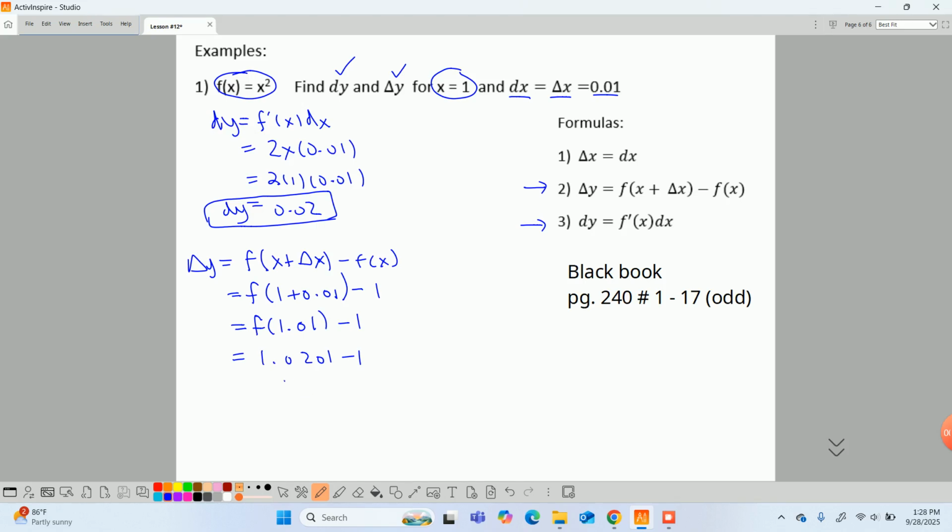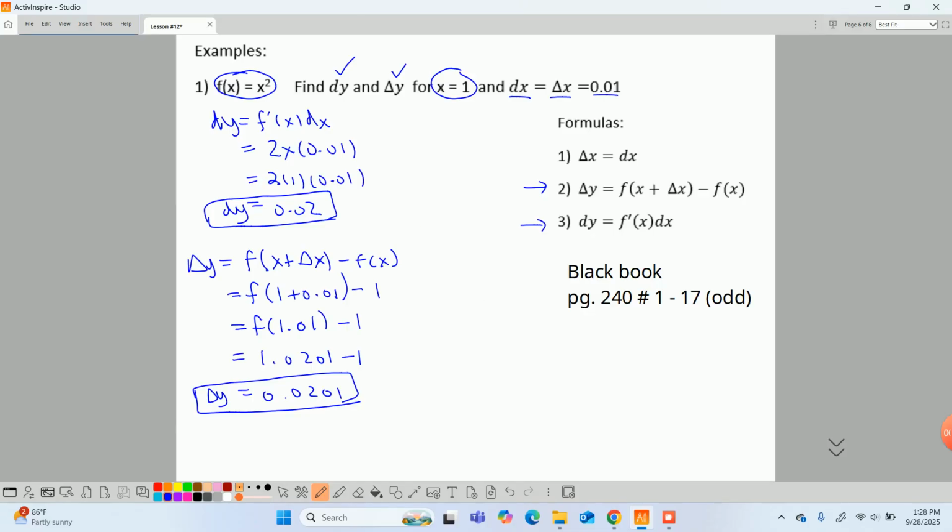When we subtract those two values, we get 0.0201. Let me double check that. 0.0201, that's right. That will be the final value for that change in y. So this is how that works.